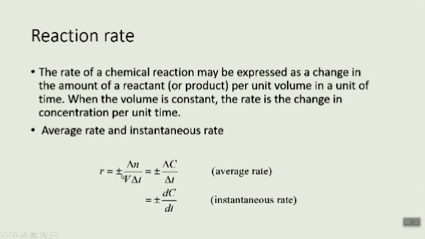Therefore we put the minus sign before it when we calculate the rate based on the reactant concentration. And the instantaneous rate is the limit when the time interval becomes infinitesimally small. It is the rate at any instant in time.